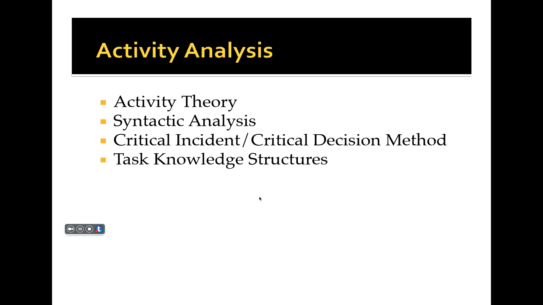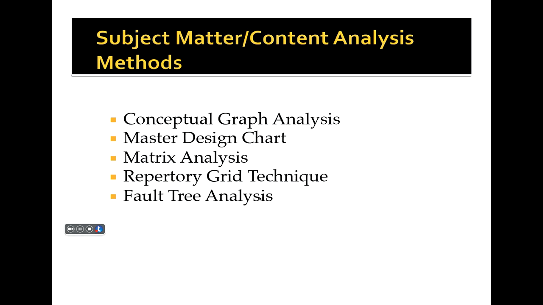So one of the projects I have right now is I'm looking at the internal communication at Boeing related to the 787 battery design, and that's a critical incident approach where we're trying to identify what went wrong around a critical incident. And then there's also task knowledge structures, which is another form of looking at what are the structures of knowledge needed to perform a task.